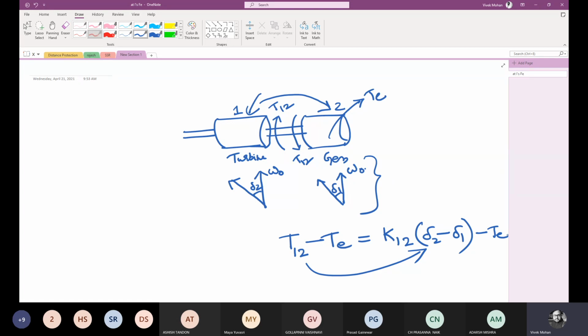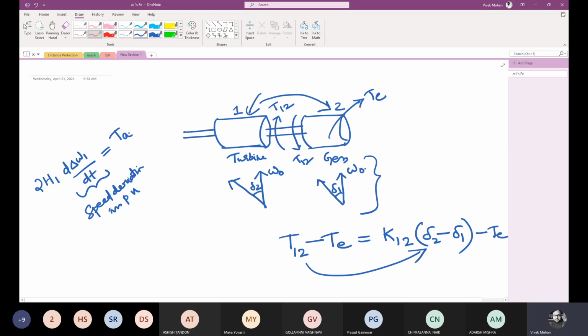Now when we consider damping, we know that the damping effect is opposite to the accelerating torque. Therefore the equations of motion will become 2H1 into d delta omega 1 by dt, which is the speed deviation in per unit, equals TA, which is basically coming from the swing equation.